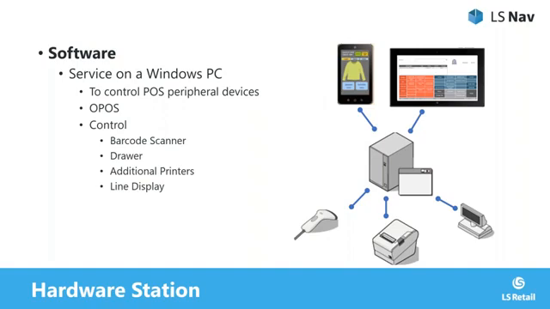The other solution we have is a hardware station that is software. This is a service on a PC. So here, for example, you can use your existing hardware, so long as, of course, it talks OPOS, which is the communication layer to most retail devices. So you could, for example, have a PC in the store with this service on it.